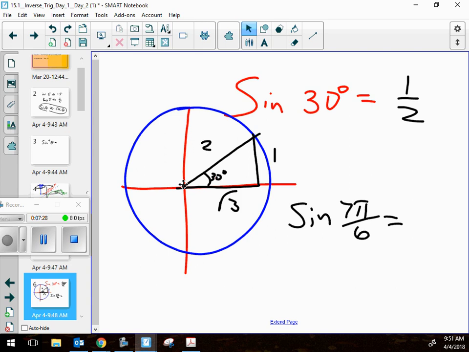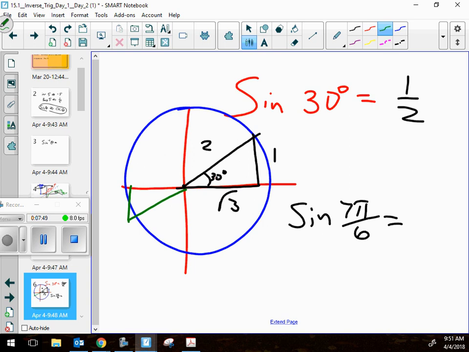Hopefully you remember where 7 pi over 6 is. Count by 1 pi over 6's. I hope you were down there.